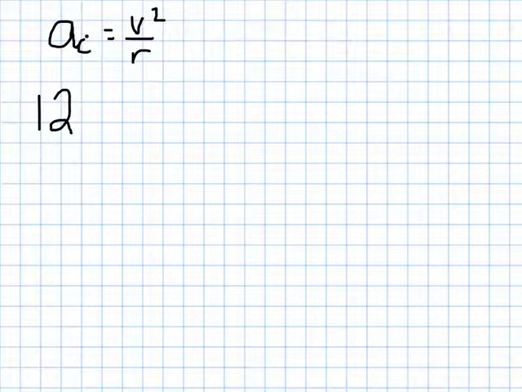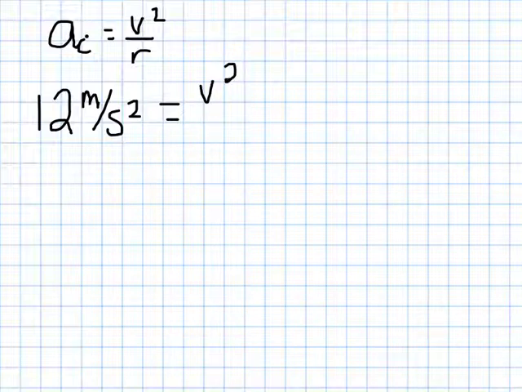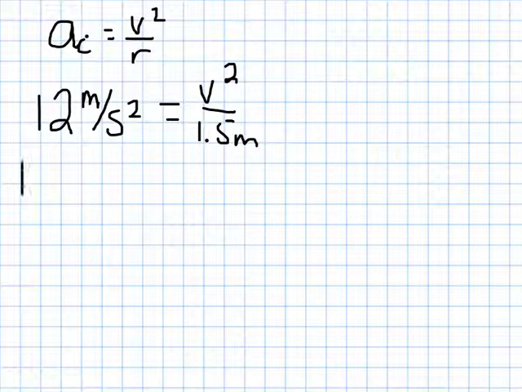The maximum acceleration we can take is 12 meters per second squared. That's going to equal the speed, which I don't know yet, squared, divided by 1.5 meters. My first step is to multiply both sides by the 1.5 meters.